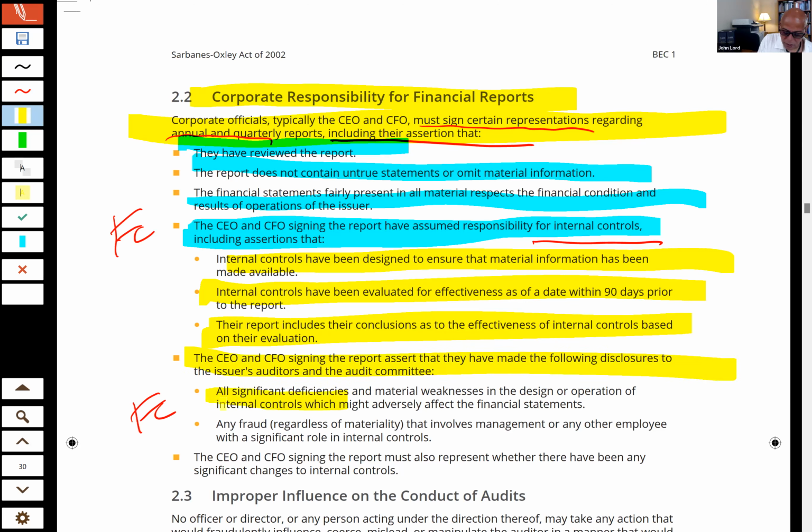They are asserting that they have disclosed all significant deficiencies and material weaknesses in the design of the internal controls. That's why we go through COSO, look at all those 17 principles. If something's missing, something isn't operating correctly, that constitutes a material weakness or significant deficiency, using the language of the auditing standards instead of what COSO uses, and any fraud that involves management or employees with significant roles.